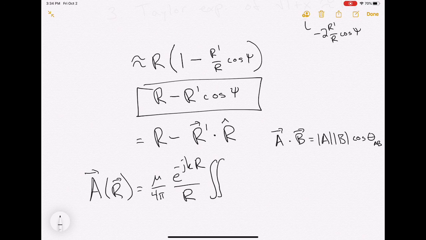Then we have this term, this integral that accounts for the phase variation over the body of the source.